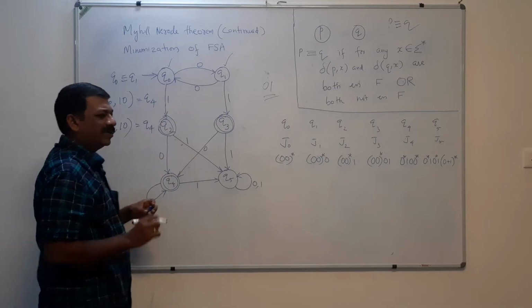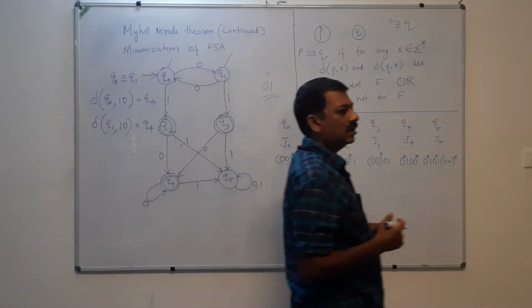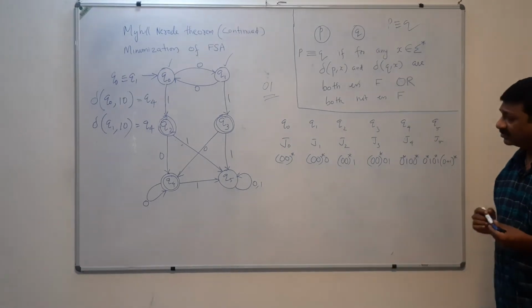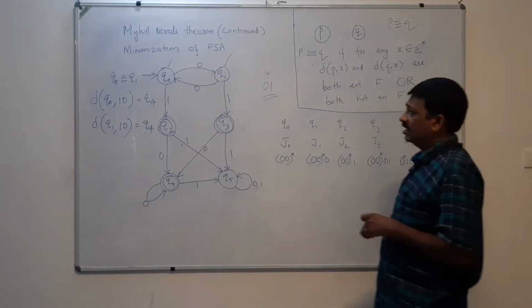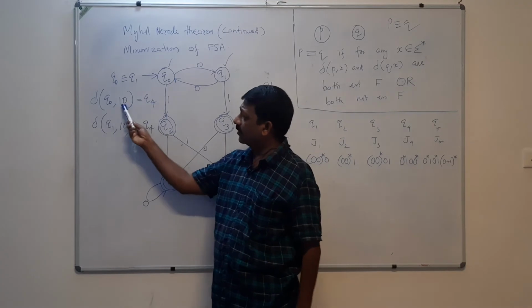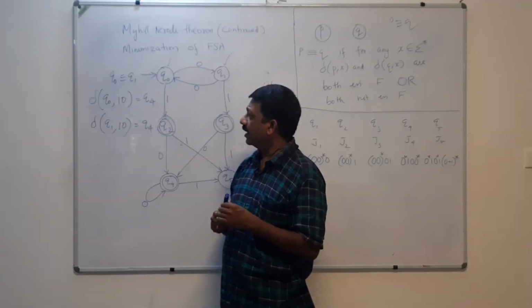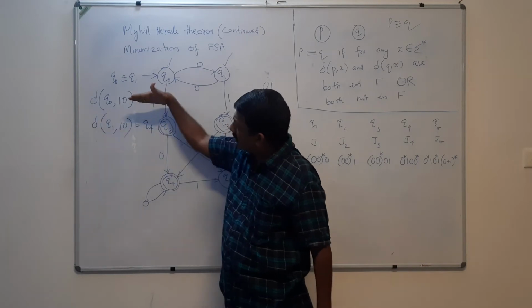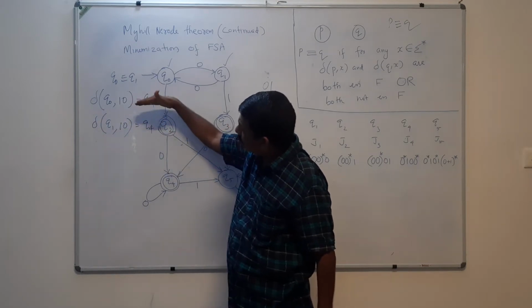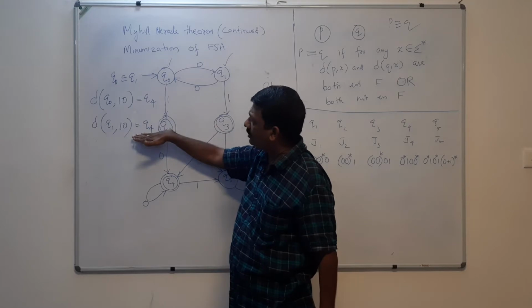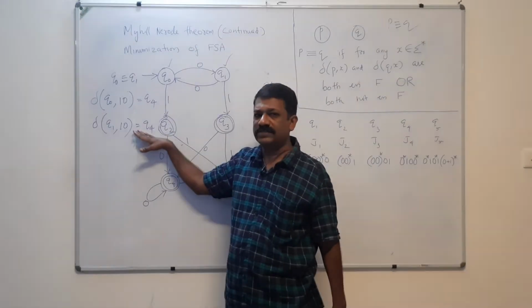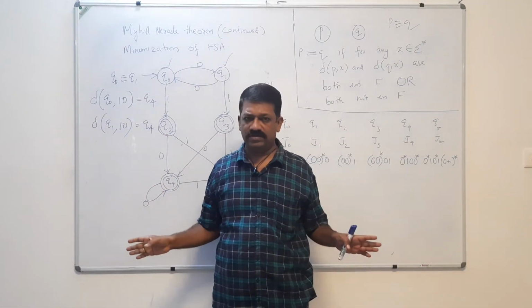That means you have to try different inputs, and suppose that one of these reaches a final state and the other a non-final state, then these are not equivalent.